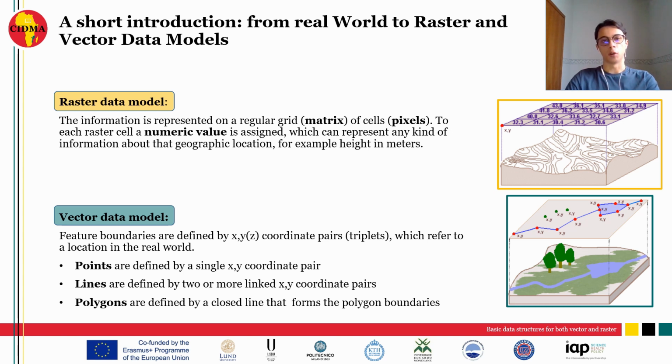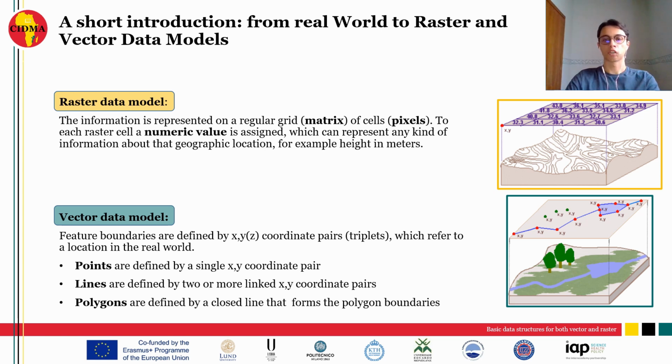In the vector data model, the feature boundaries are defined by pairs of coordinates or triplets of coordinates in the three-dimensional case. Each coordinate refers to a specific location in the real world. Each feature may be represented through a point that is defined with a single xy coordinate pair, a line that is defined by two or more linked xy coordinate pairs, or a polygon that is defined by a closed line constituting the polygon boundaries.